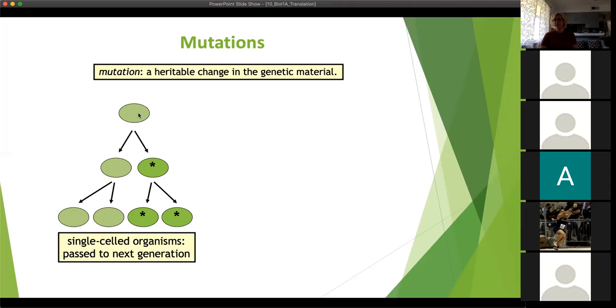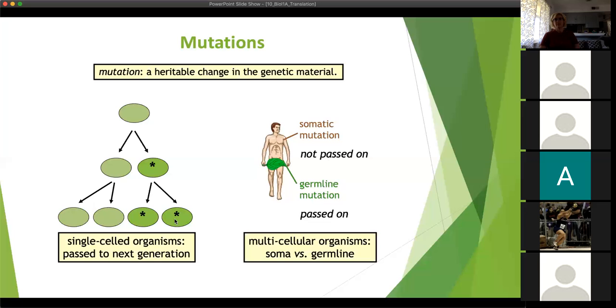So in a single-celled organism, it obviously would be passed to the next generation. So we have a bacterium, the bacterium replicates, one of the bacterial offspring acquires a mutation, all of its offspring will have the mutation. But when we're talking about a multicellular organism like us, the only type of mutation that would be passed on to the next generation is going to be a germline mutation.